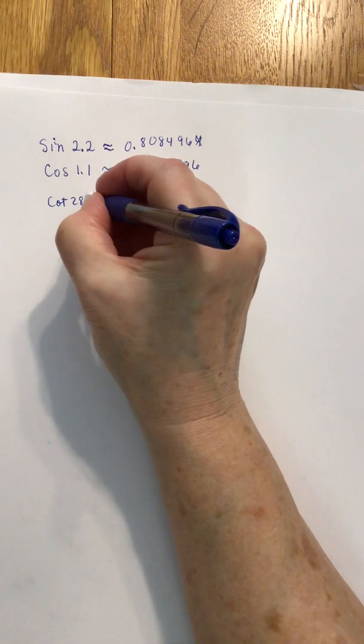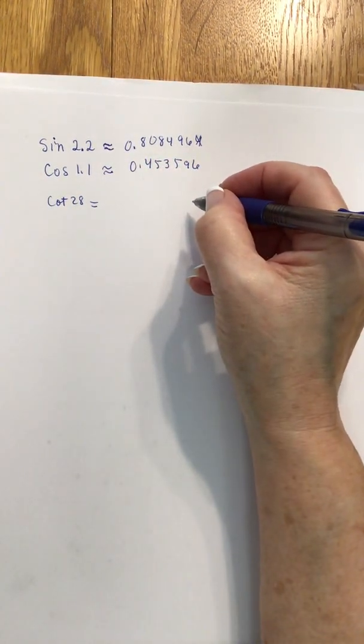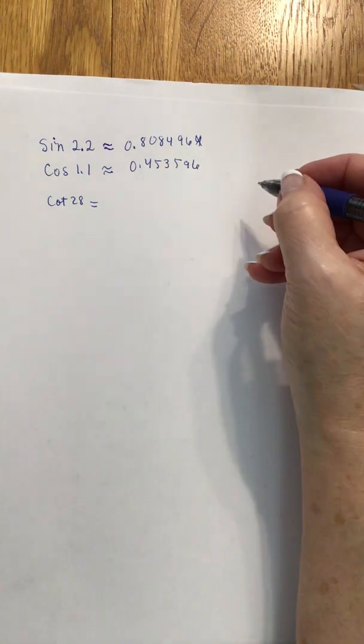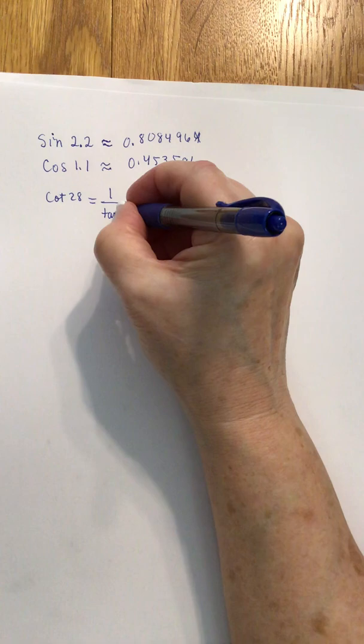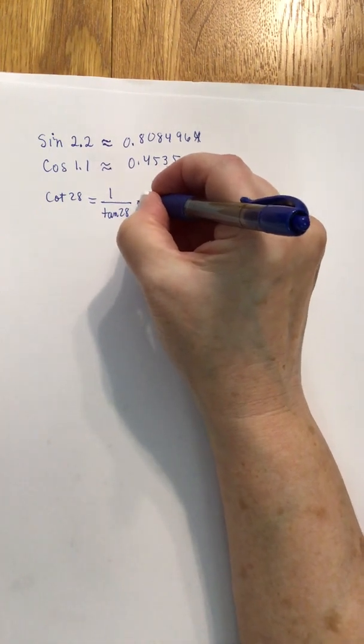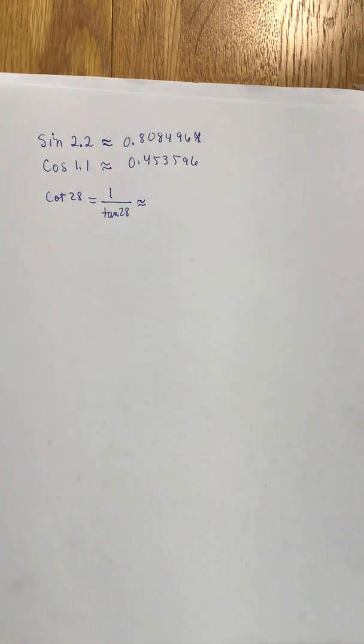Now, if I do one like cotangent 28, the thing about cotangent is we don't have a cotangent button on our calculators. So what we're going to do is change this to 1 over tangent of 28. And then again, approximately equal, you're going to take 1 divided by tangent 28.